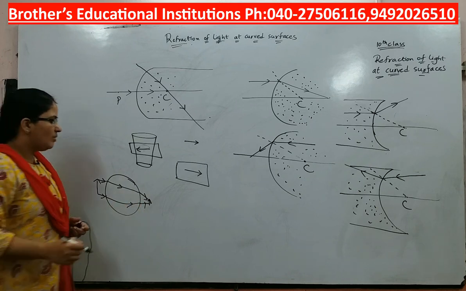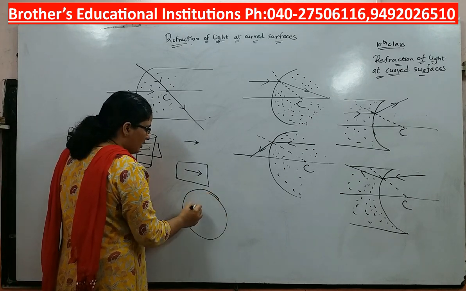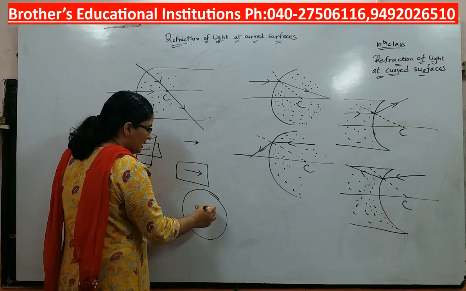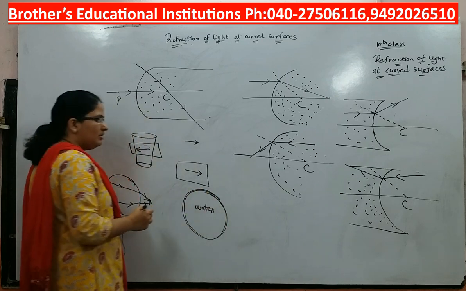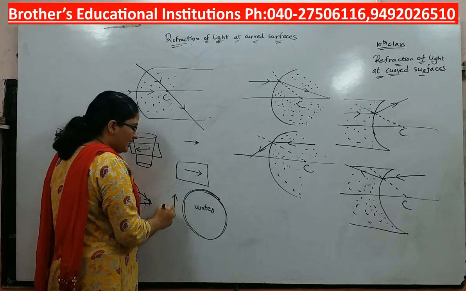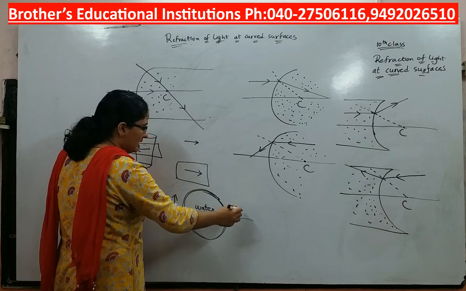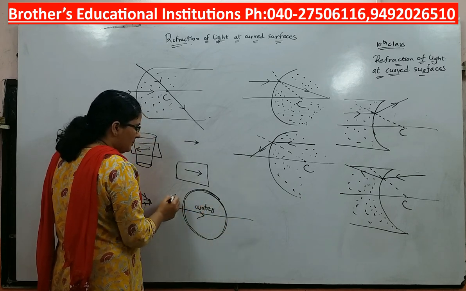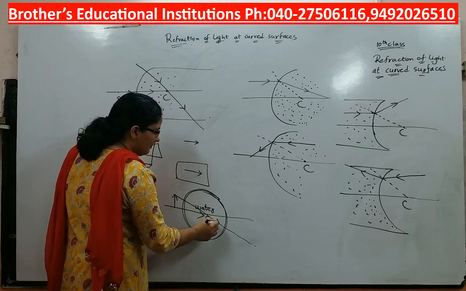In the next case, you are pouring water. Let us imagine that glass and water have the same refractive index, although the refractive index is different. Keeping an arrow here, let us take two rays, one passing through the principal axis and the other passing through the center of curvature like this.